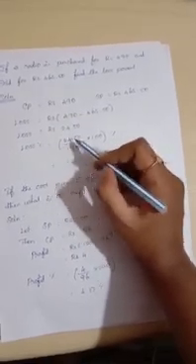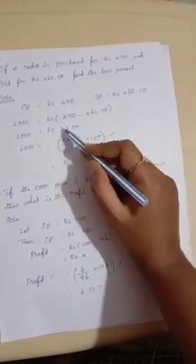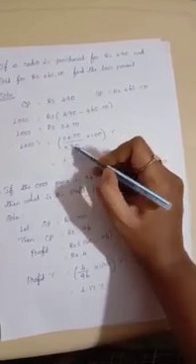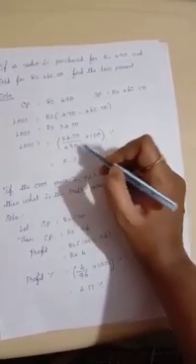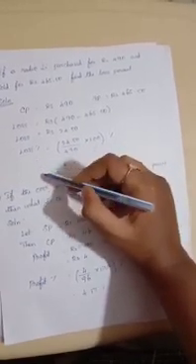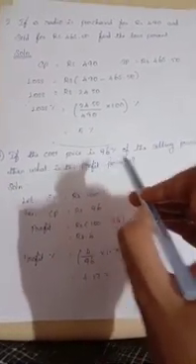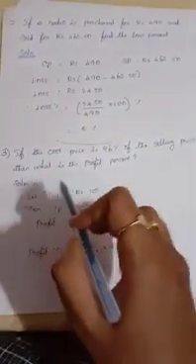Loss percentage equals loss divided by CP into 100%. So 24.50 divided by 490 into 100 gives 5%. Loss percentage equals 5%. This is the answer.